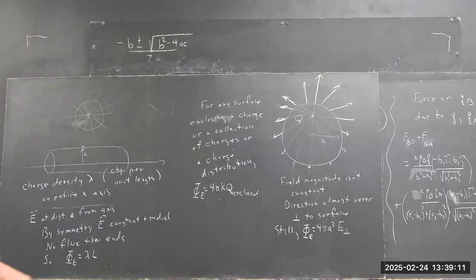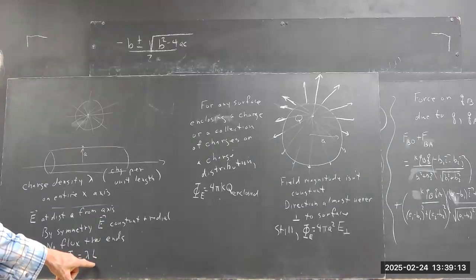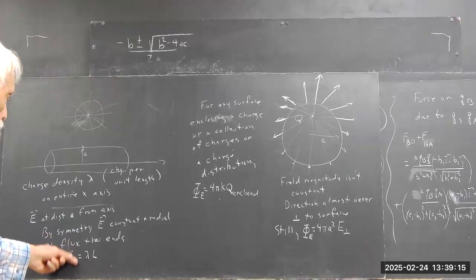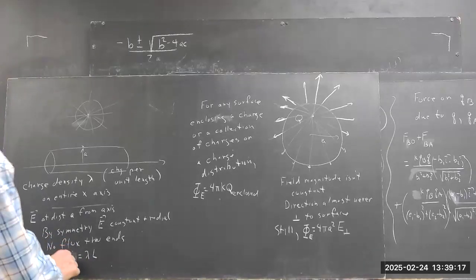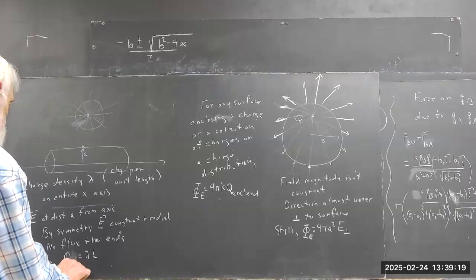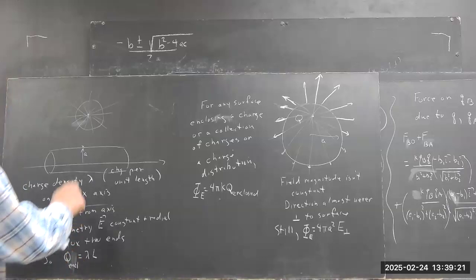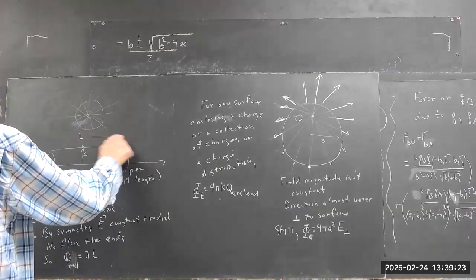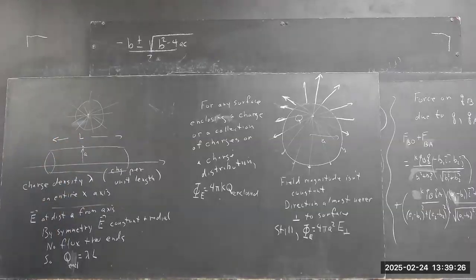Phi E equals, first of all, lambda L. Well, let's just say charge enclosed. Q enclosed is lambda L, where L is the length of that cylinder.